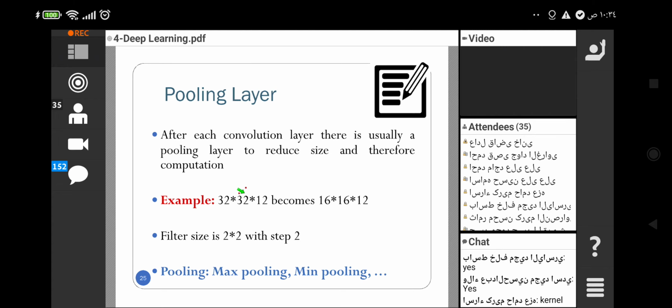For example, if the size of the input is 32 by 32, and the number of neurons in the convolution layer is 12, then the size of the output would be 32 by 32 by 12. Do you understand this?